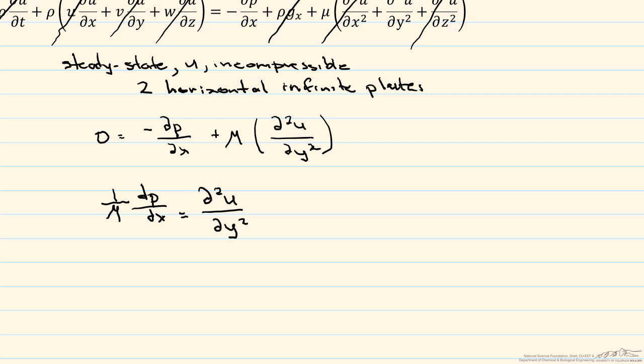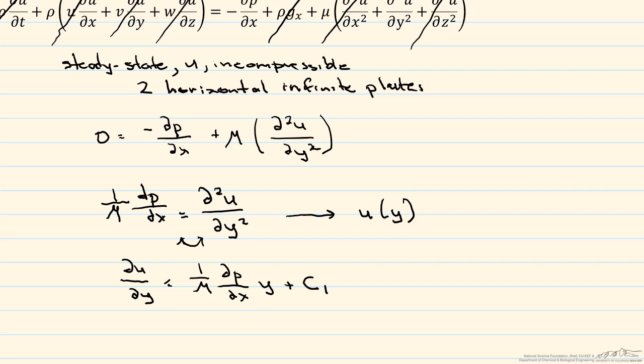So since this is a second order differential equation, we're going to have to integrate it twice to get our u of y. So let's do the first integration. So du dy, and I've switched these two, is equal to 1 over mu dp dx times y plus a constant.